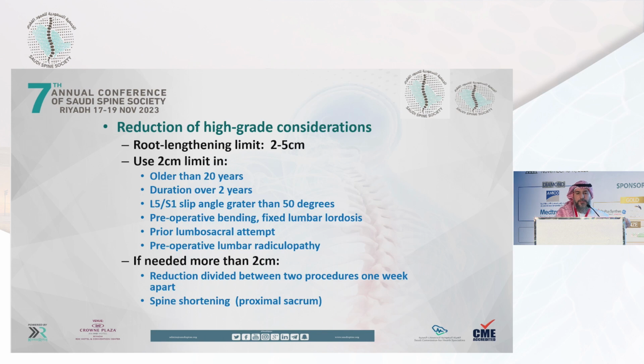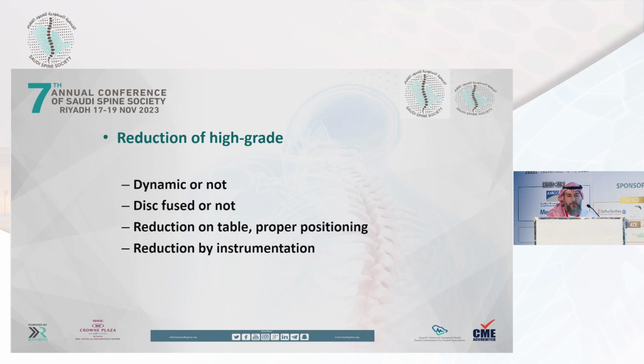You should consider a 2 centimeter limit for patients older than 20, duration over 2 years, high slip angle, preoperative bending, fixed lumbar lordosis, previous lumbosacral surgery, and radiculopathy. If you need more than 2, then you should consider a staged procedure and or spinal shortening osteotomy, such as a proximal dome osteotomy.